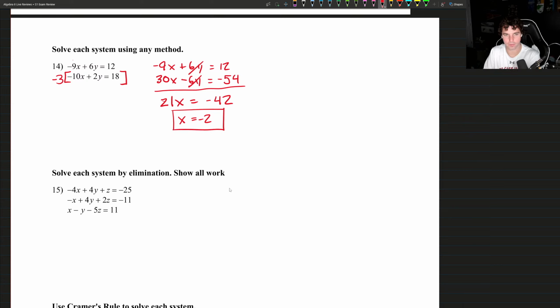Right, so that's the first part of your answer, but it's not everything, okay? So once you solve for x, you gotta solve for y. Right, so what we do is we just plug this into one of our originals, so we get negative 9 times negative 2 plus 6y is equal to 12.